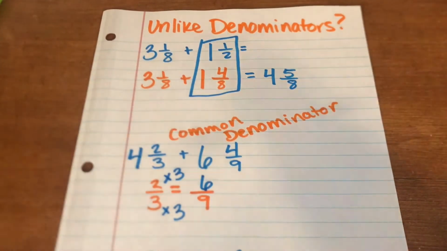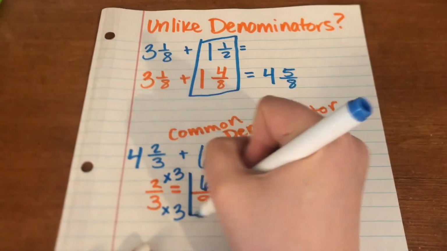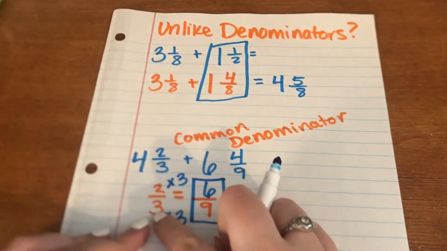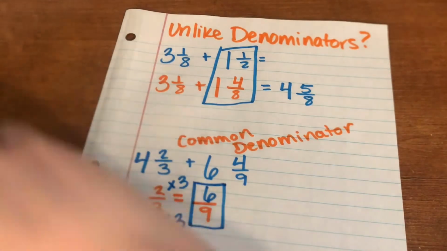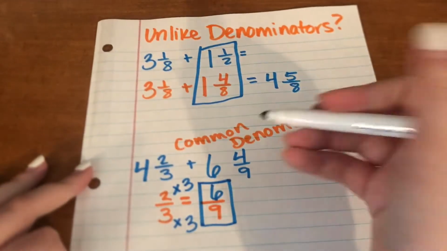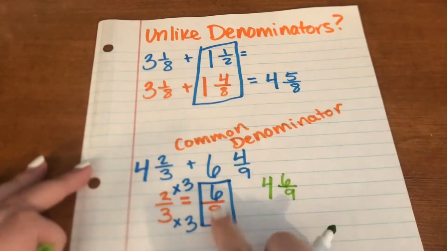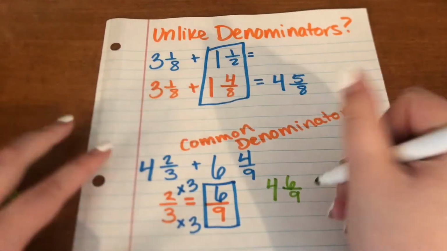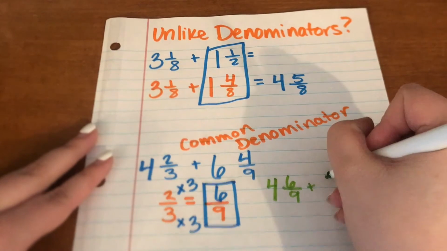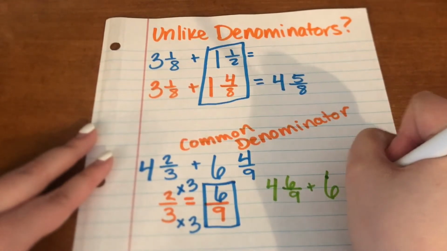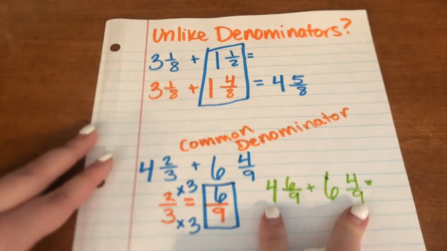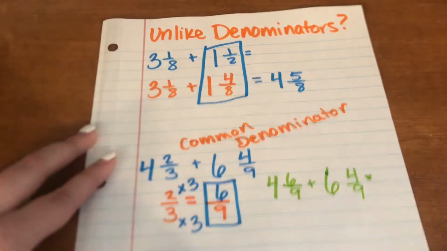So now I've just found an equivalent fraction to 2/3 so that I can change my addition problem to be 4 6/9 plus 6 4/9. Now I can add these together because they have like denominators.